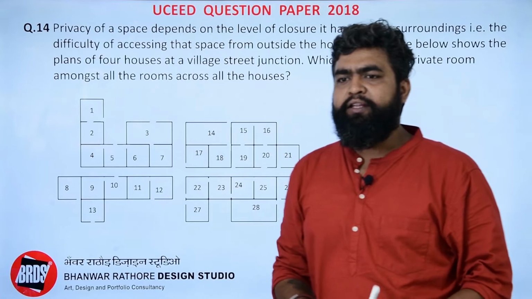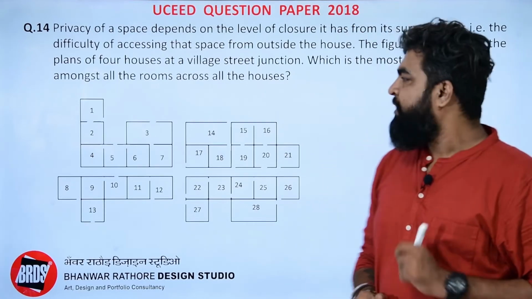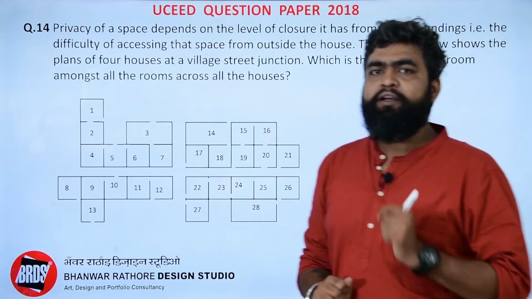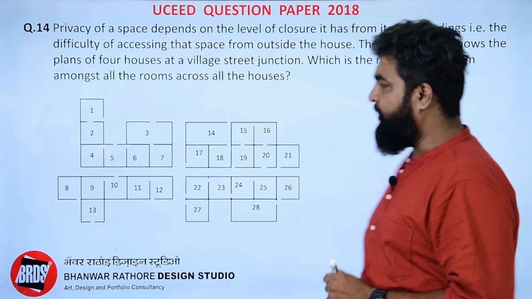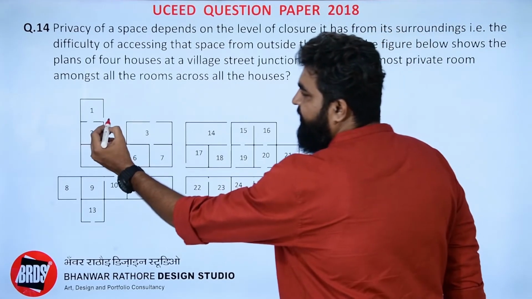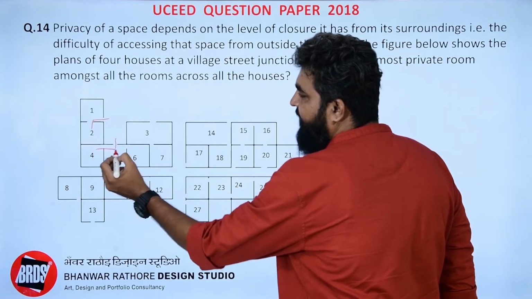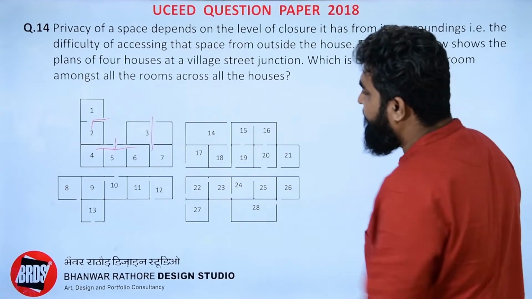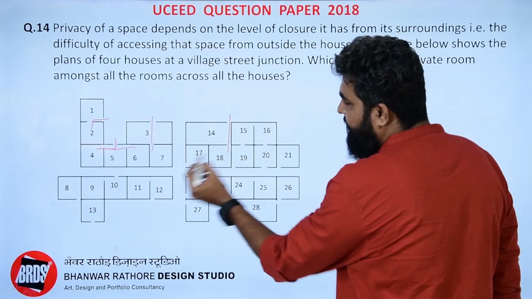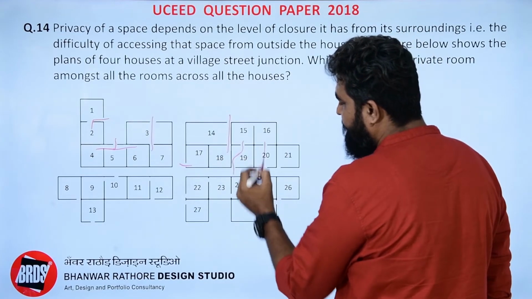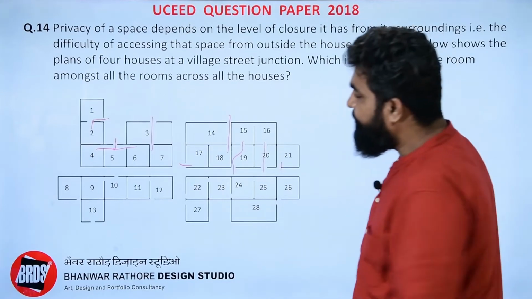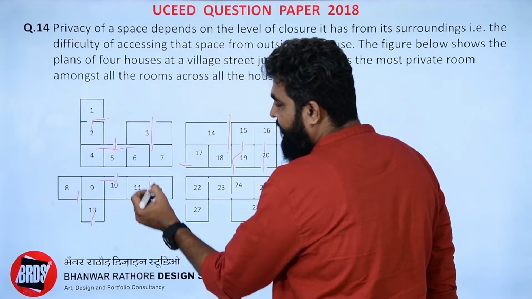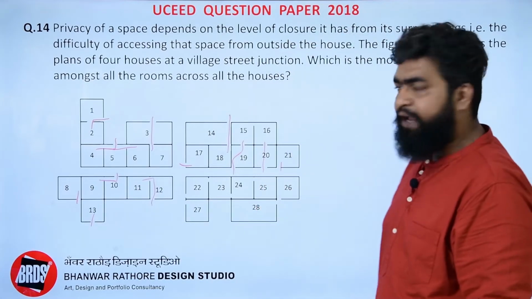Now in this question, we have to understand the longest distance that has to be covered to go to a particular room. Based on that, these rooms are almost directly accessible, so they are not counted as private rooms. Then here again the same logic applies, so these also are not private. Here again it goes the same way, so these are still not private.